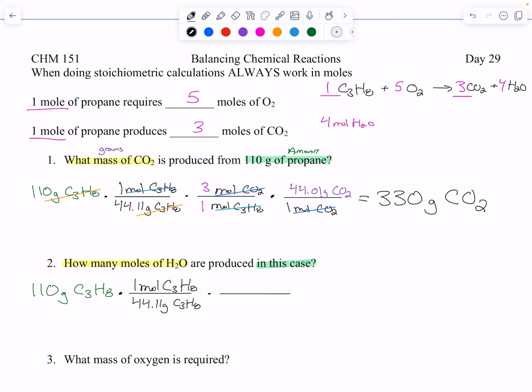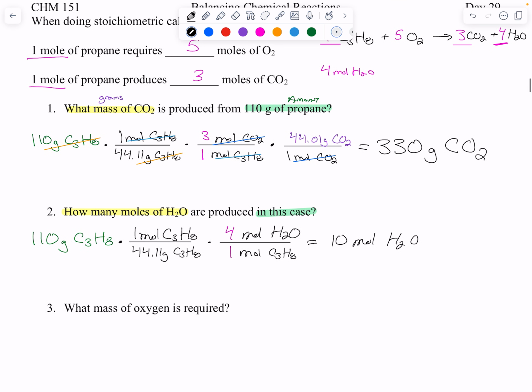But this is the next one, moles of C3H8 on the bottom, but now we want moles of H2O. And the moles are different. The bottom one's still 1, but now it's 4 for water. And that's what we want. We want moles, so we're done. If you do that math, that becomes 10 moles of H2O produced. Now you times that by 18, it's 180 grams, because that's what the molar mass is, but 10 moles of water.